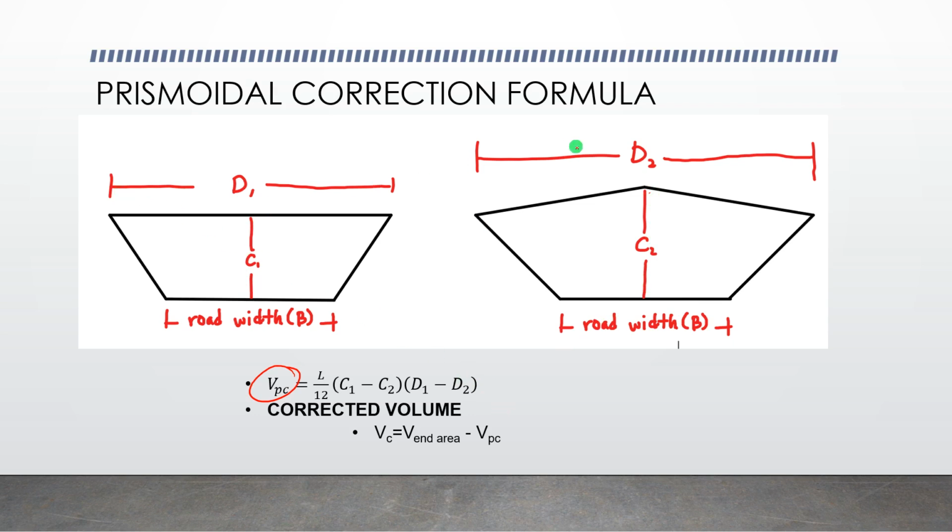For the corrected volume, just subtract the calculated prismoidal correction volume from the volume computed in the end area method.